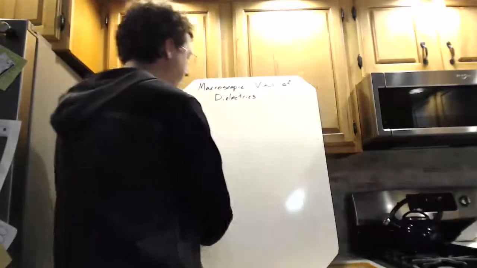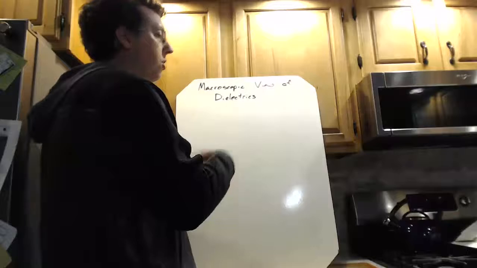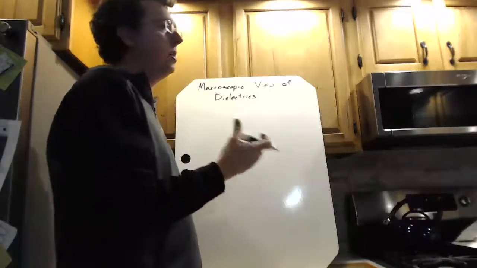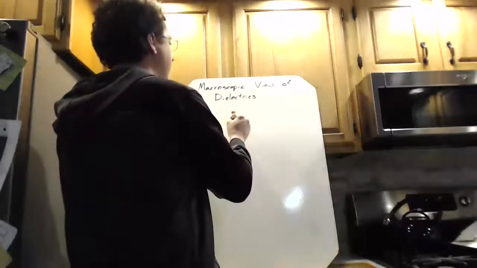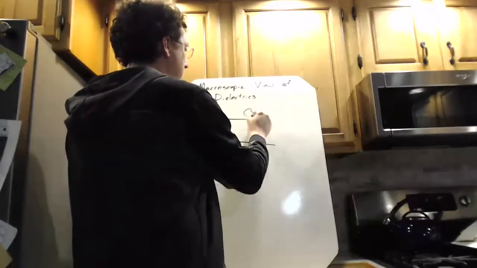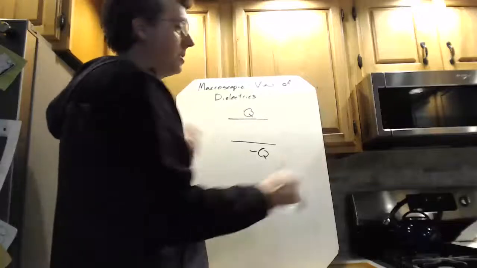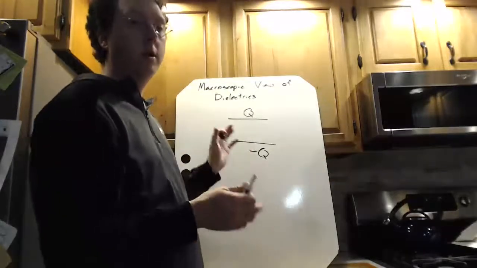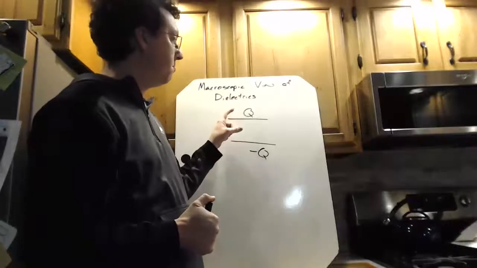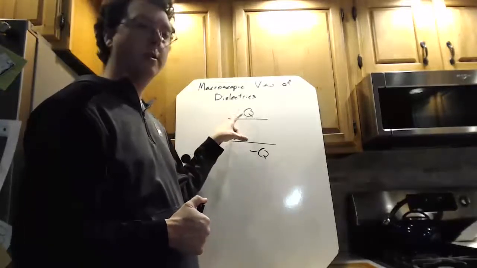All right, let's imagine a different experiment. Let's imagine instead you charge up a capacitor, so you have charge Q and minus Q on the two plates, and then you disconnect it. You don't hook it up to a battery anymore. In this experiment, the potential could change. The voltage is not constant, instead the charge is constant.